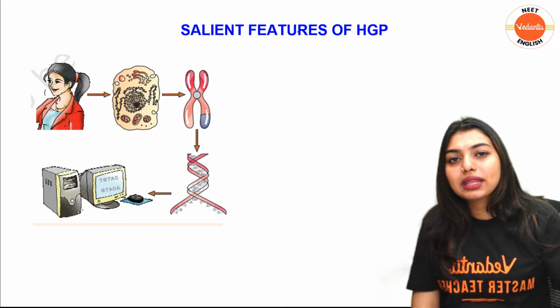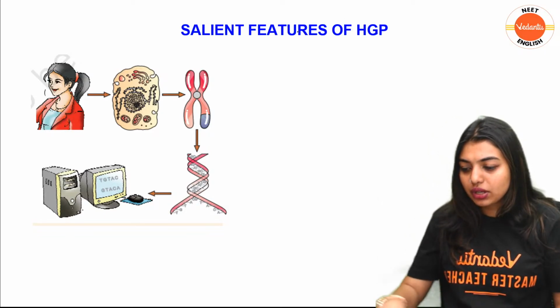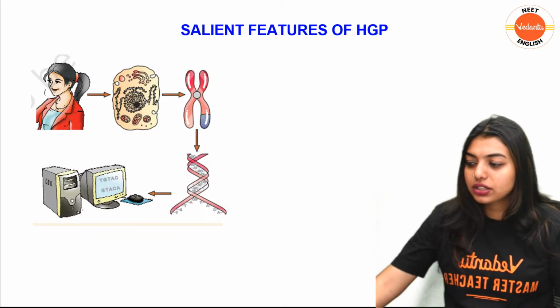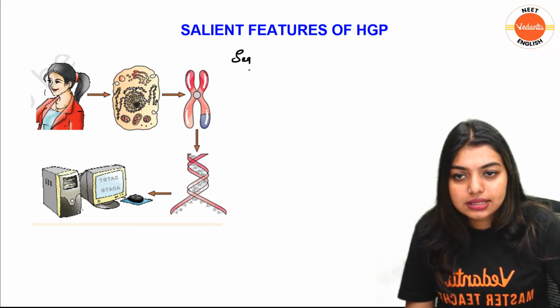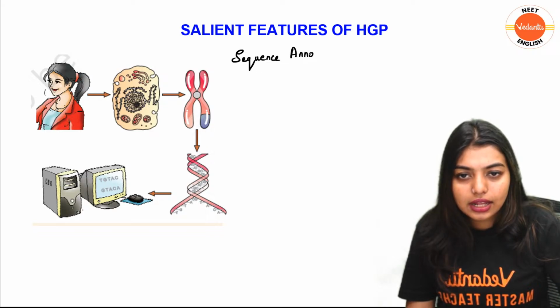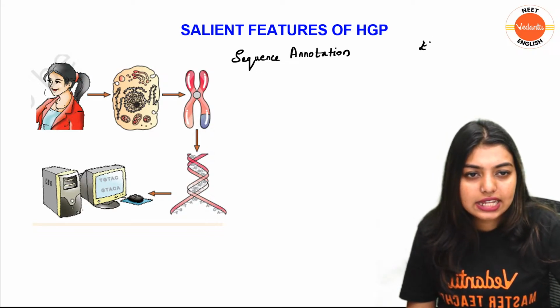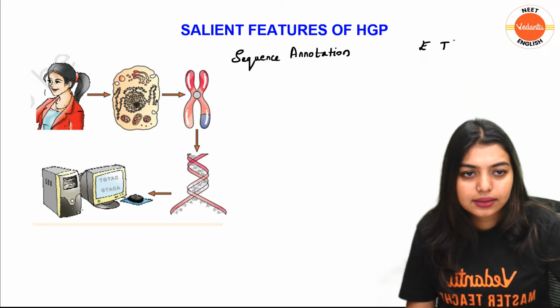Now students, two methods were there to do the HGP project. What were the two methods to do the HGP process? First one was sequence annotation, and the second one was expressed sequence tags.